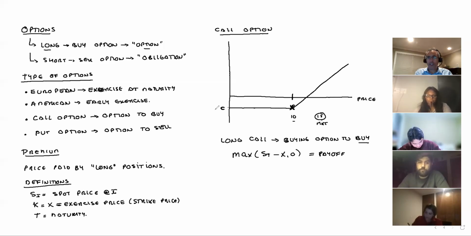So let's put some numbers. Imagine that you pay 2. Now the price goes to 15, so you are here. This height is going to be equal to 15 minus 10 minus what I've paid for that. So your payoff here is going to be 3.